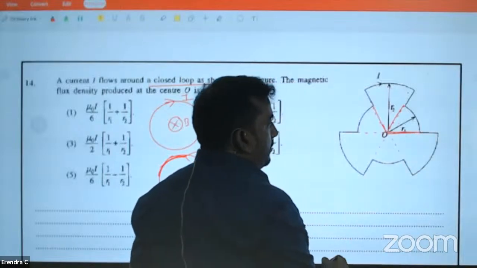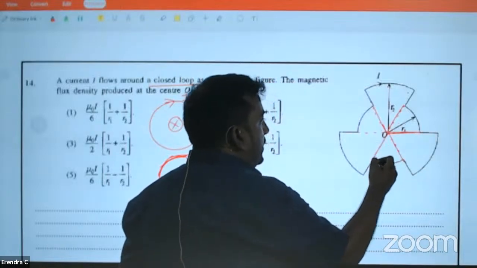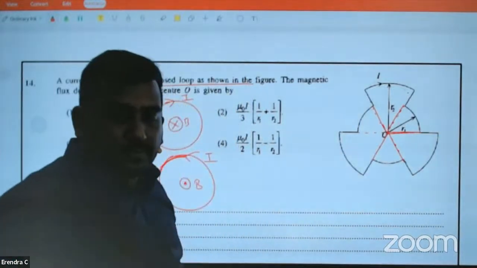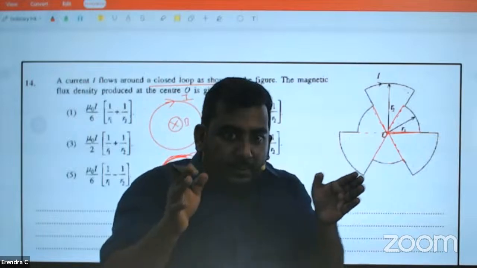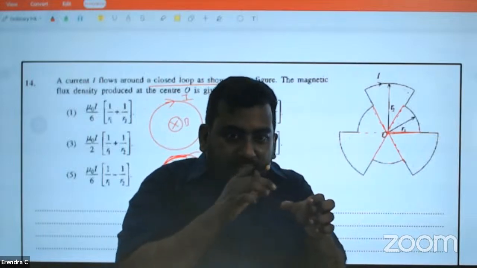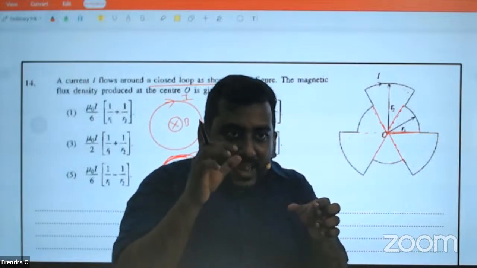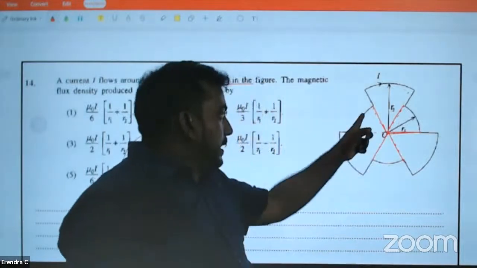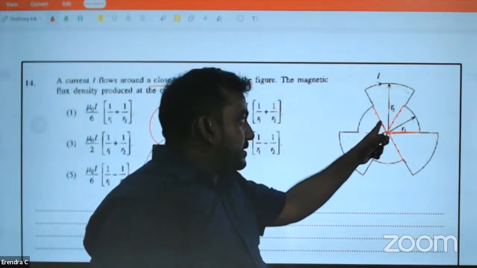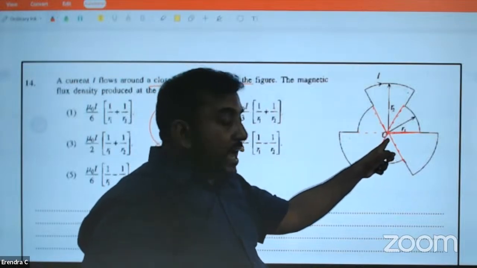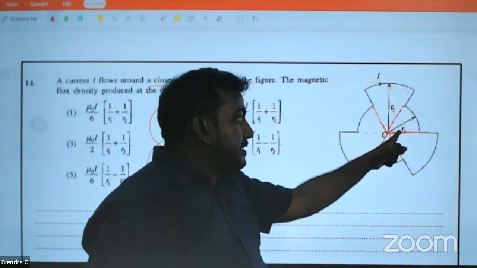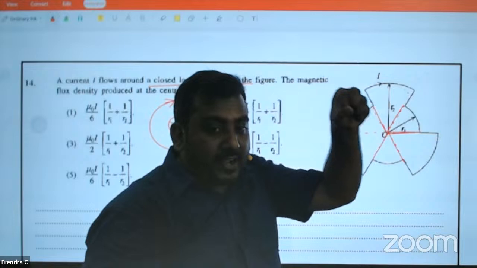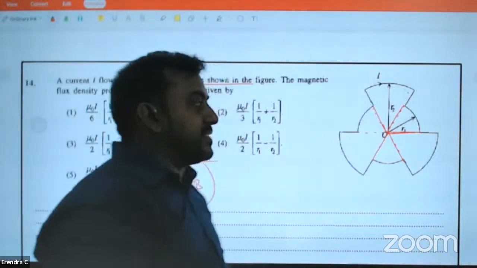Here, the other one. 1, 2, 3, 4, 5, 6. If you take a pizza and cut it into 6 equal angles, each angle will be how much? 360 divided by 6, 60. How many small ones you have? 60, 60, 60, 180. How many big ones you have? 60, 60, 60, 180. That means you have big slicers 180 degrees, small slicers 180 degrees.